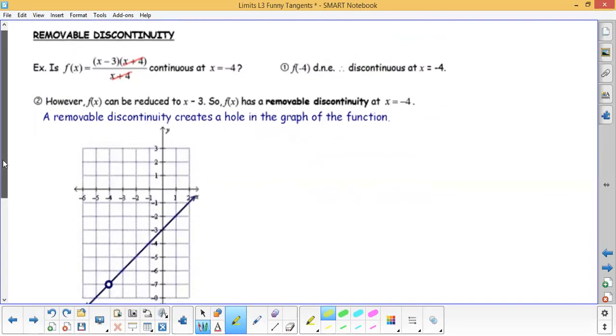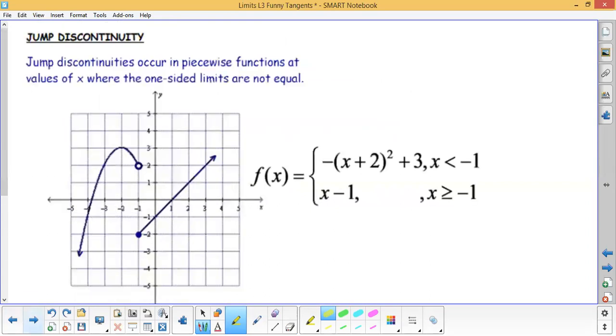This is called a removable discontinuity. A jump discontinuity often occurs in piecewise functions at values of x where the one-sided limits are not equal. So right here the graph breaks off into a jump discontinuity and jumps from y is equal to 2 to y is equal to negative 2 and starts off again. So even though it's defined at f of negative 2, there is a jump discontinuity here.